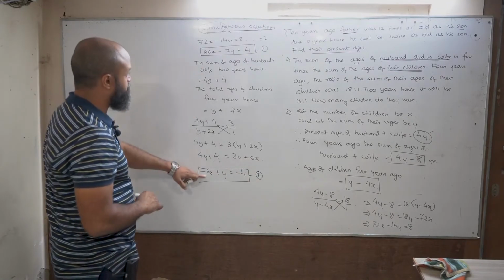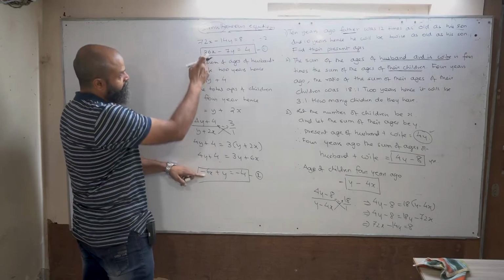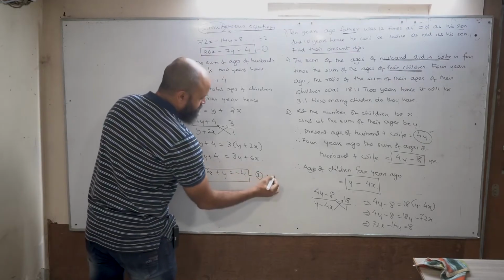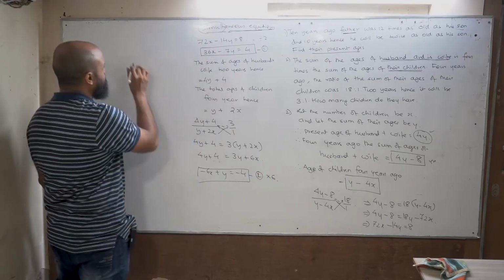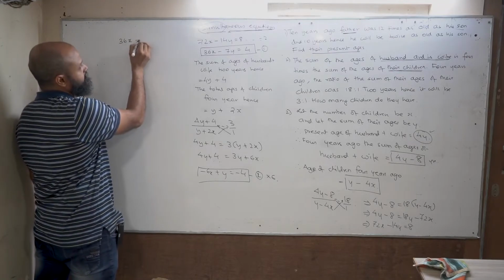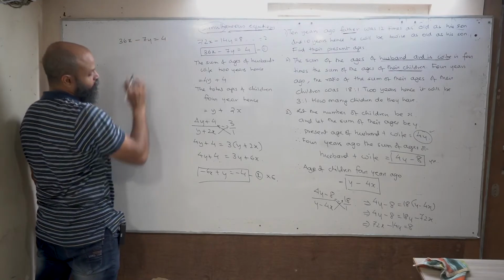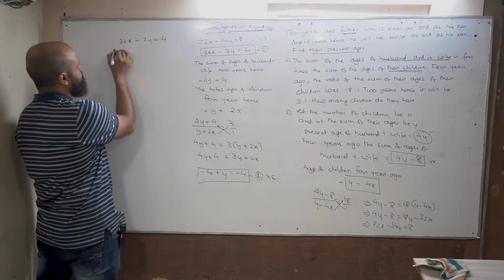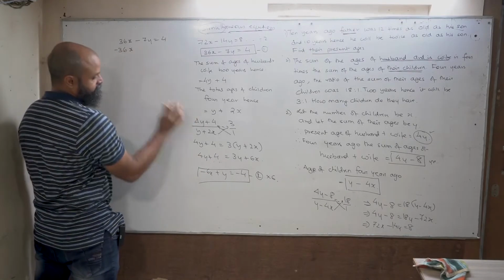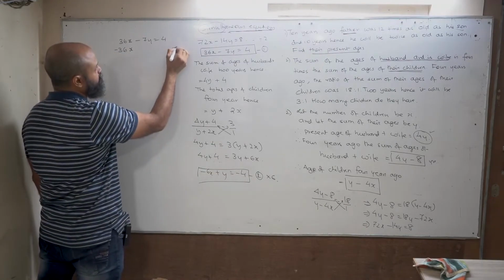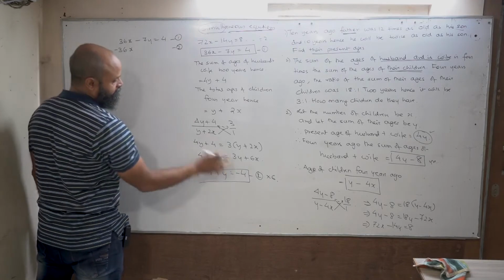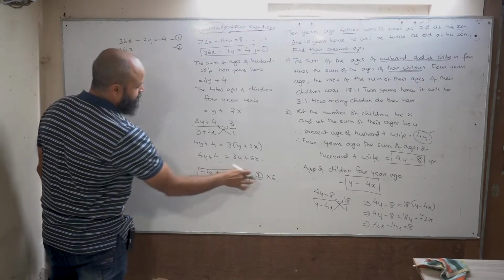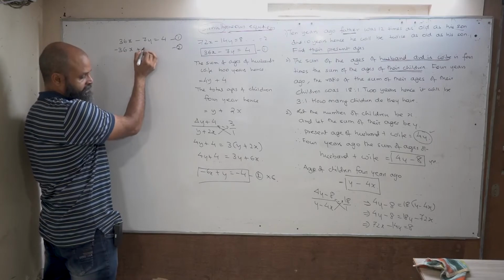So now we will quickly check this out. So if we get this multiplied by 6, the coefficients will be equal. 36x minus 7y is equal to 4. We are getting this multiplied by 6, which gives us 36x. The modified version of equation 2, this is equation 1. The modified version of equation 2 will be this entire thing multiplied by 6.